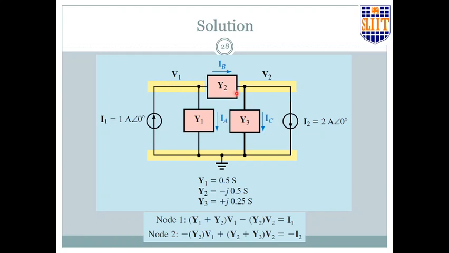So you mark the 2 nodes and then the currents. That is where we start, and you apply nodal equations.